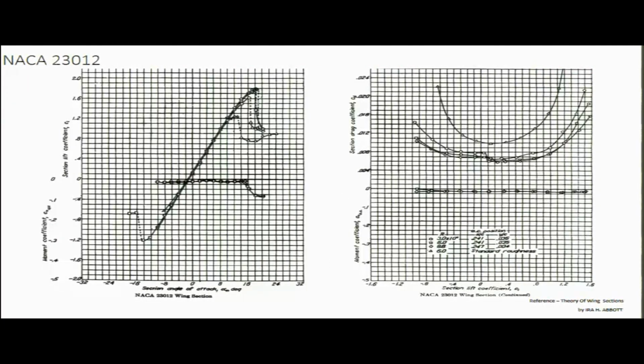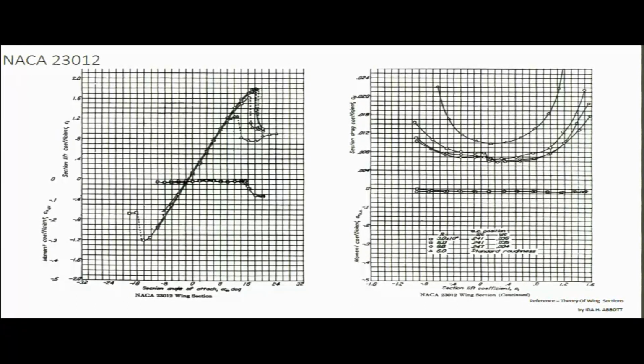Similarly, there is a 5 series aerofoil, 23012. You can also find CL naught, CL alpha. The CL naught for this aerofoil is about 0.1 and CL alpha is about 6.45. We will figure out how to find CL alpha when solving some examples.